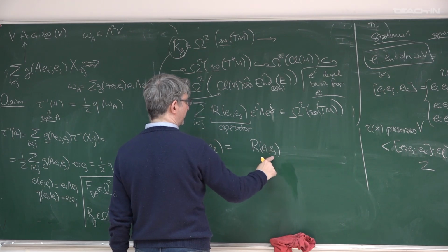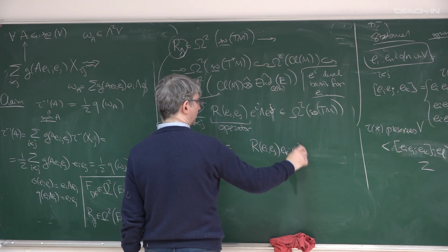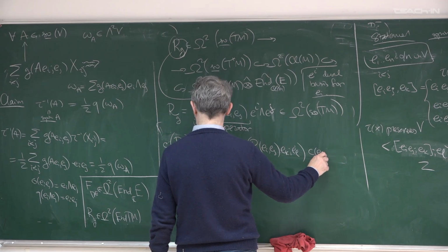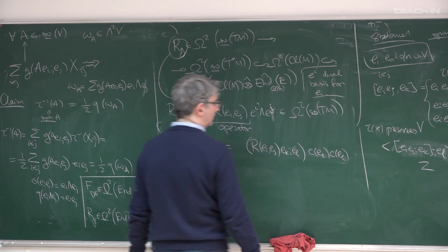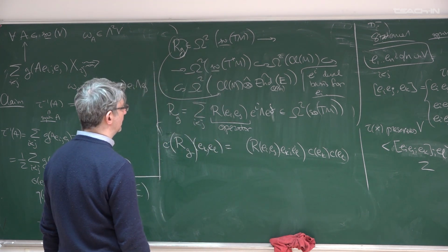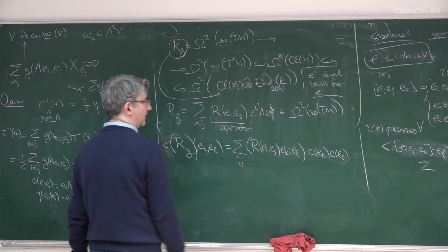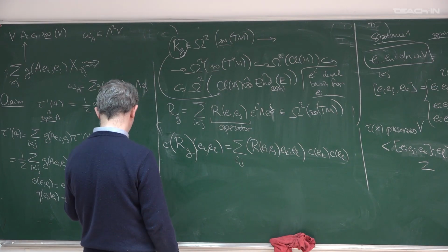We apply the operator to the first vector, take the scalar product with another vector, and then write here c of e_k, c of e_l. Yes, now I like it much more. And I'm afraid I need to write here some multiple.